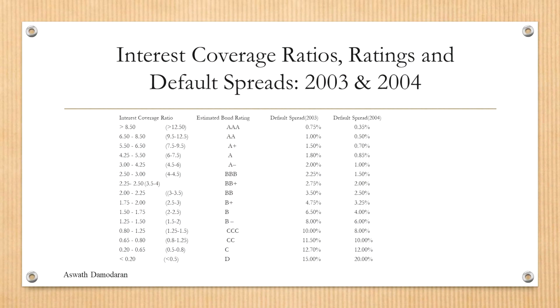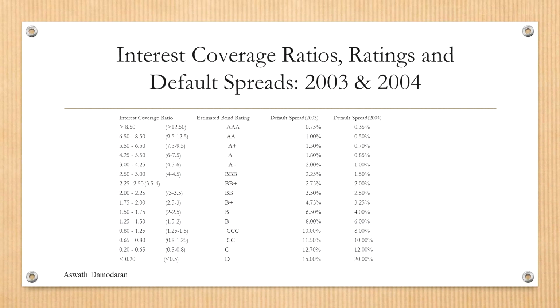In the textbook website, the author of the textbook developed this default spread on a yearly basis, and you can see the most recently updated information on default spread on the author's website.